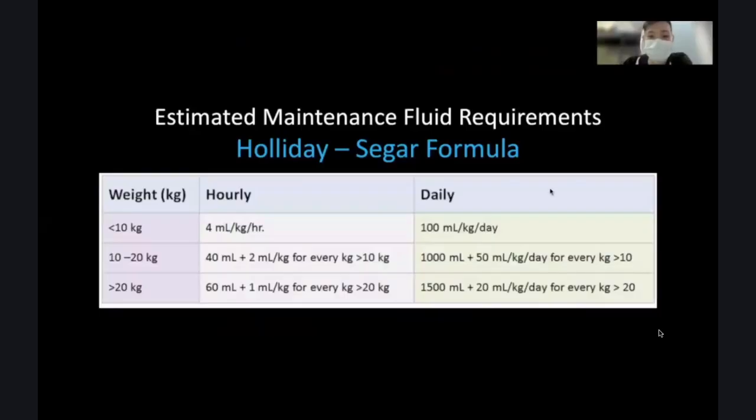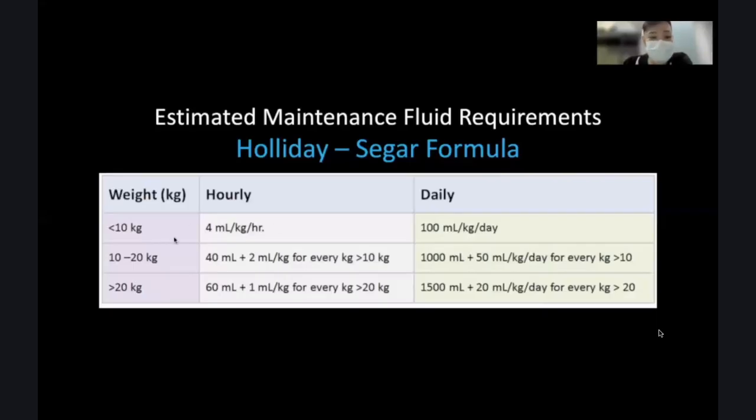Me personally, this is what I used for computation of the maintenance fluid requirement. I think they also use this in pediatric patients. I think in IM, they have their own formula, I think weight times 35 or weight times 40, depending on the case of the patient. So this is a table.